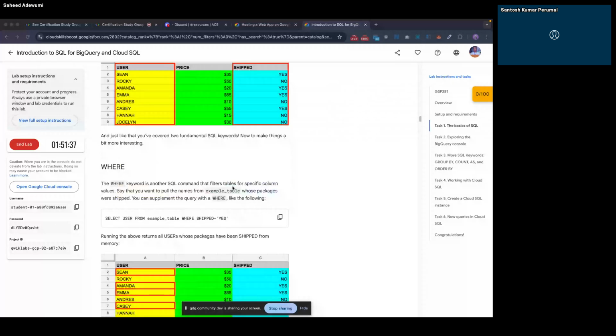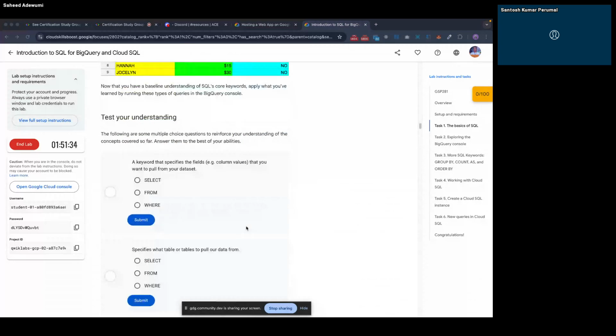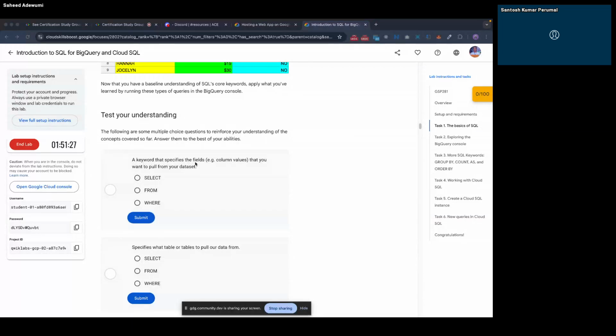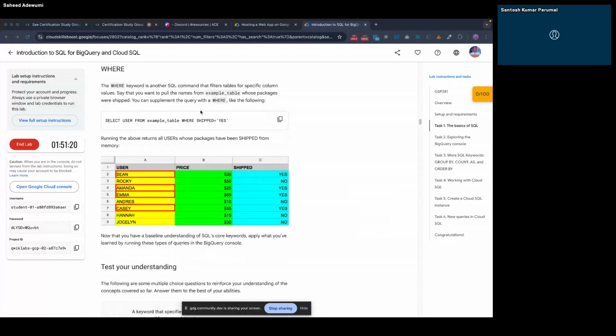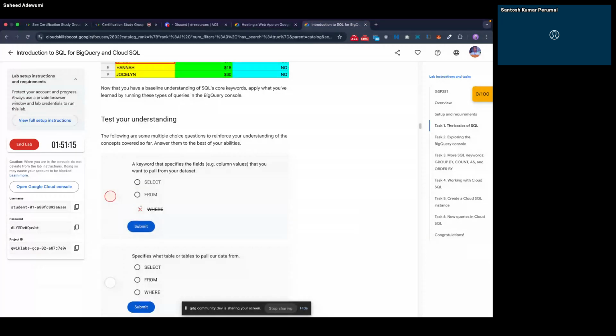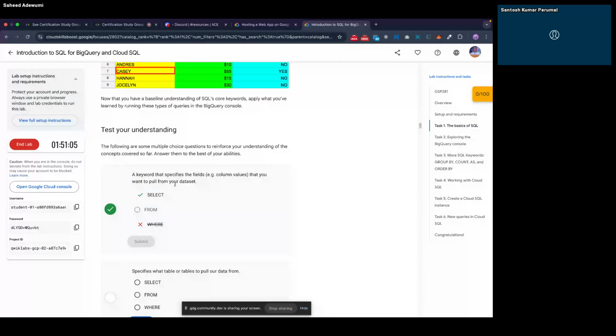So we have the text one. I've gone through the theoretical part of this, so we are not yet to do anything. We test our understanding of a keyword that specifies the column value, to filter the table for a specific column value. So we have where, a keyword that specifically filters a column.